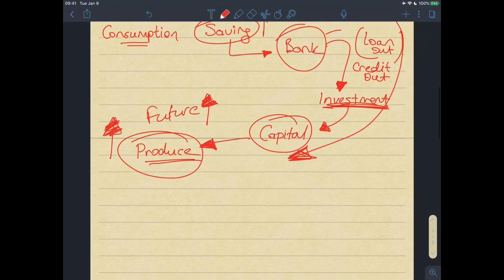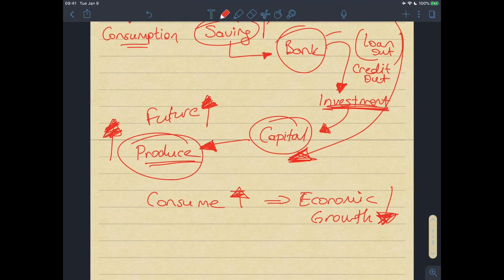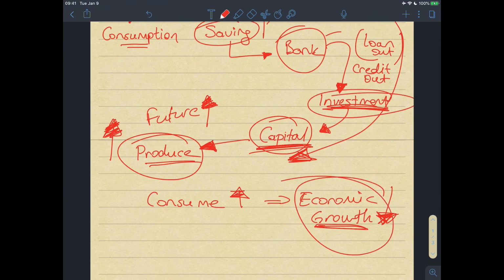That means if you consume more, since you are saving less, it will create low economic growth, or vice versa. And the same thing is, if you create less capital, you will have less economic growth. If you do less investment, you will have less economic growth.